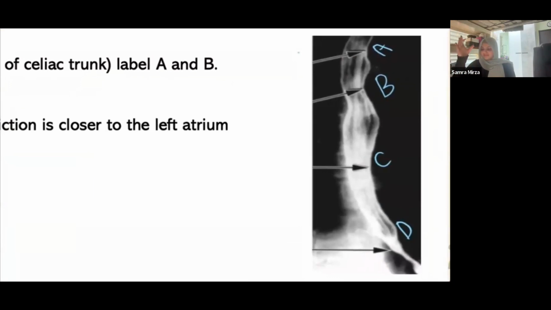Again, this is most definitely, according to them, the celiac trunk, this entire thing. And starting off at the top part, we're going to have either the start of the celiac trunk or the left gastric artery. And this part over here, according to them, is the common hepatic, and they asked which part is closer to the left atrium, and so that's part B.